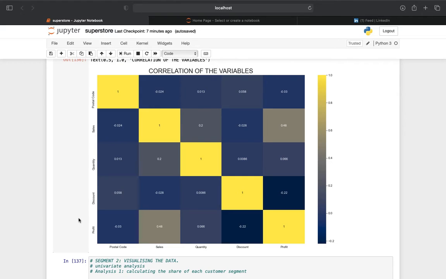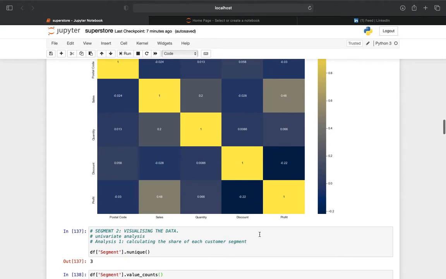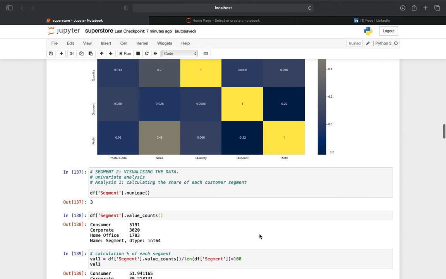One such thing would be profit and discount. They're strongly negatively correlated, so I thought that was worth exploring. One more was sales and profit, which is pretty evident. I focused on profit and discount, as we will see in the coming segments.